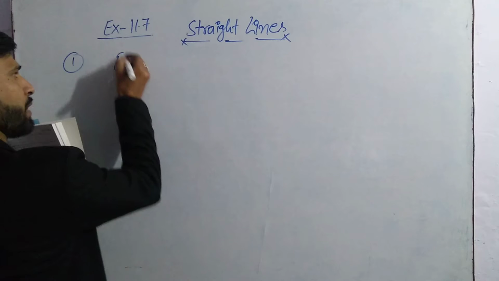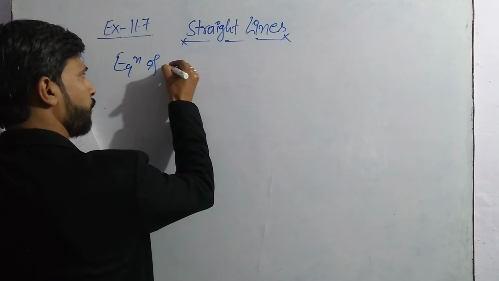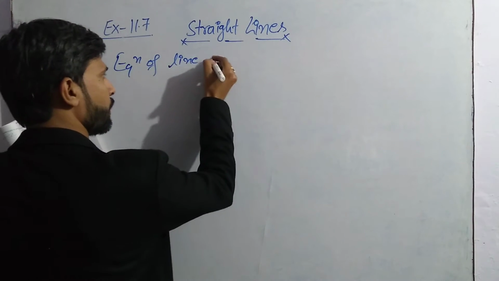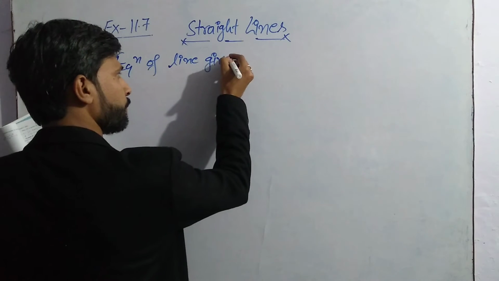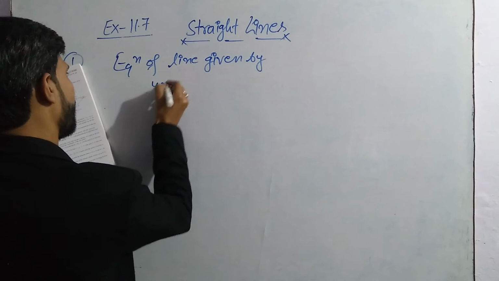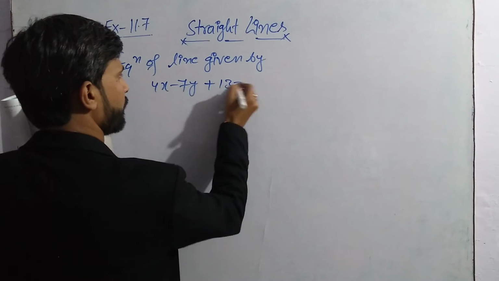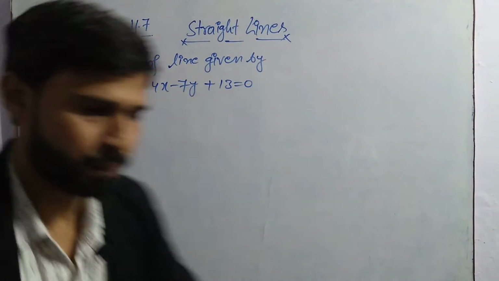Now the equation of the line is given by 4x minus 7y plus 13 is equal to 0.